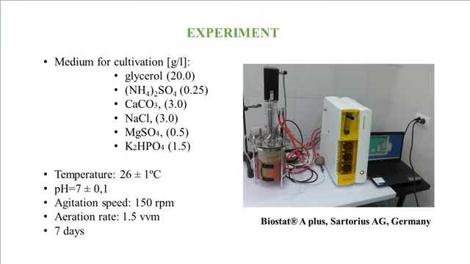The experiment, production of antifungal metabolites by Streptomyces hygroscopicus, was carried out in a 3-liter stirred tank laboratory bioreactor during 7 days. This bioreactor is represented in this picture on the slide, and fermentation was carried out at 26 degrees Celsius with an aeration rate of 1.5 and an agitation rate of 150 rpm.